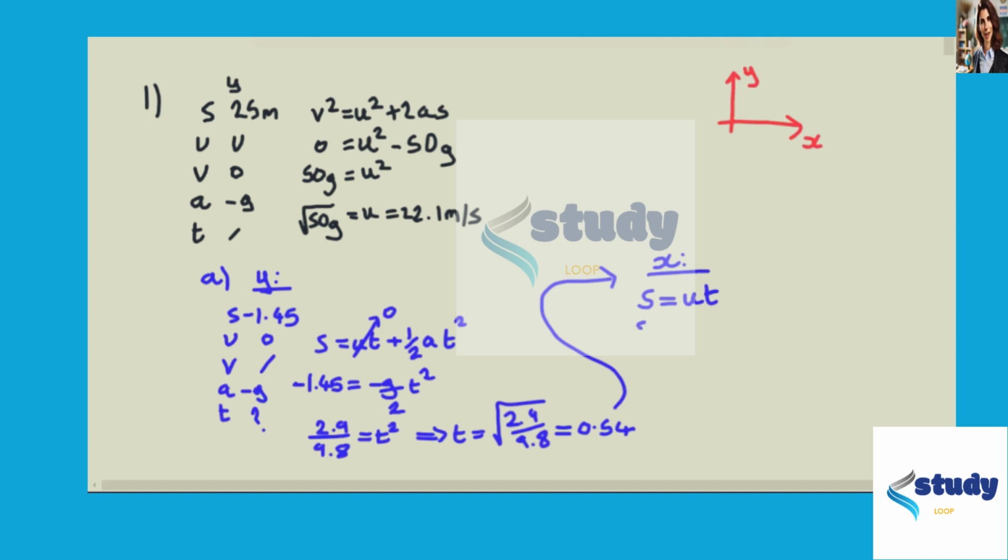And hence the distance that we go is just equal to our velocity 22.1 multiplied by 0.54 seconds. And so our answer at this point, we just put into a calculator and find our answer is 11.9 meters.